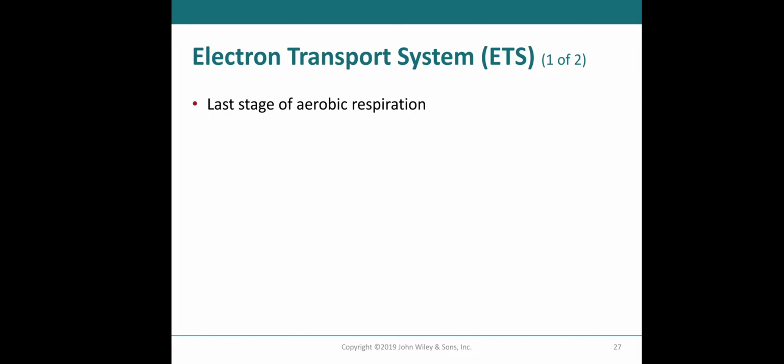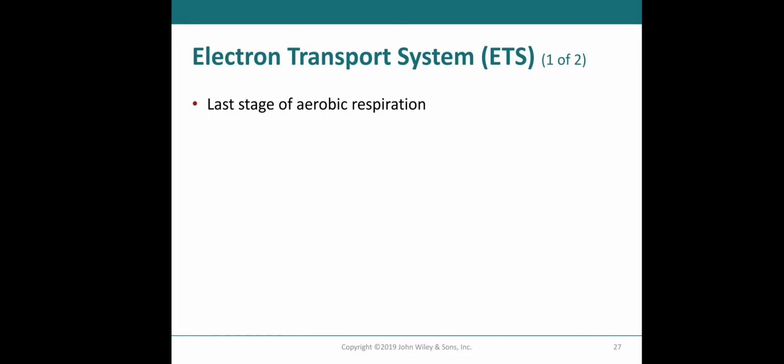And the electron transport system is different. They are not equal technically, but the process of oxidative phosphorylation is through the electron transport system. So what is this system?